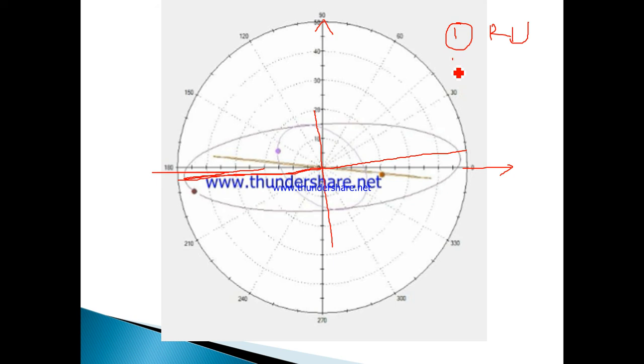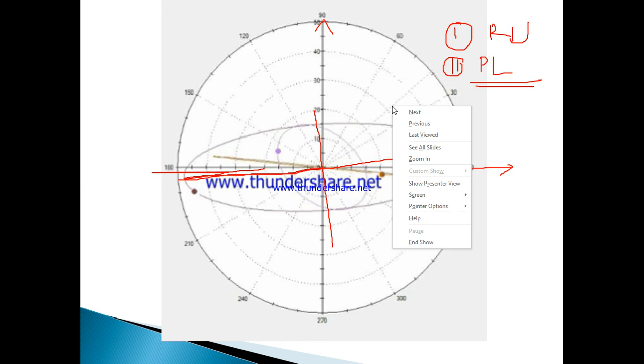What we learned is, if the major and minor axis of the orbit diagram are tilted, that means there is a preload.